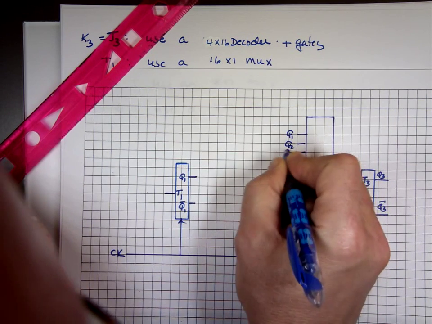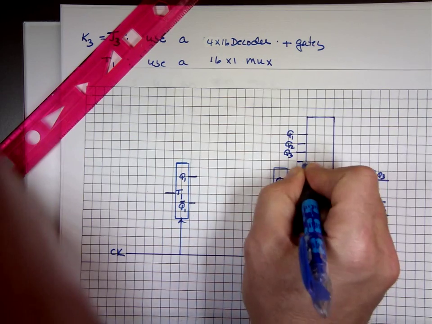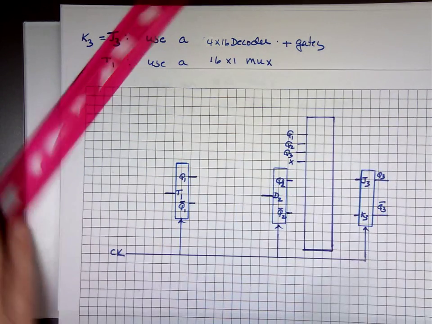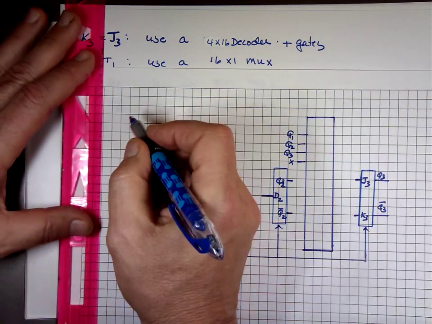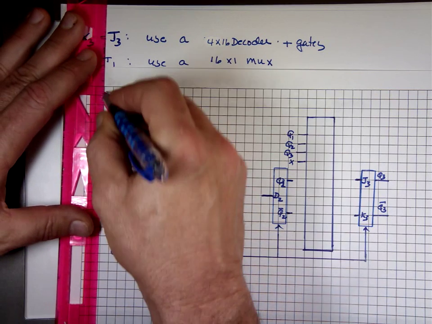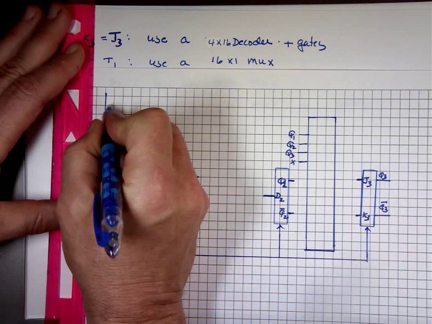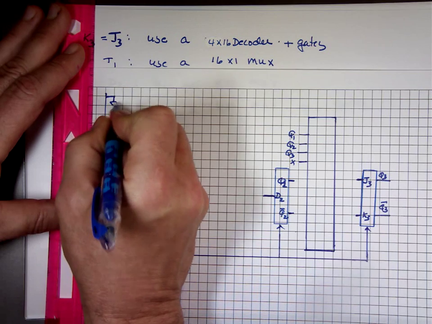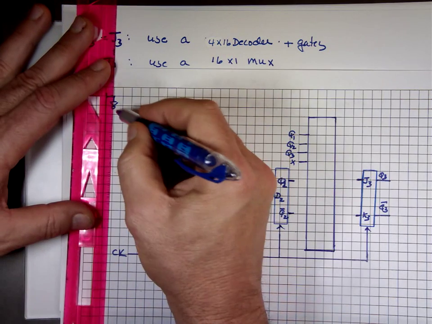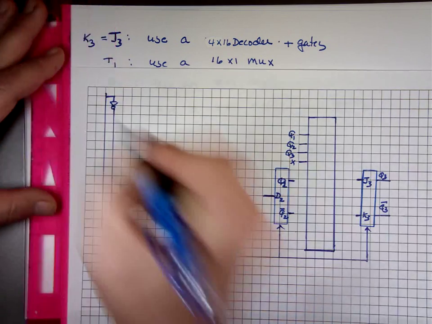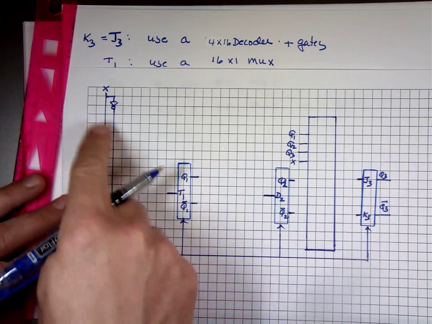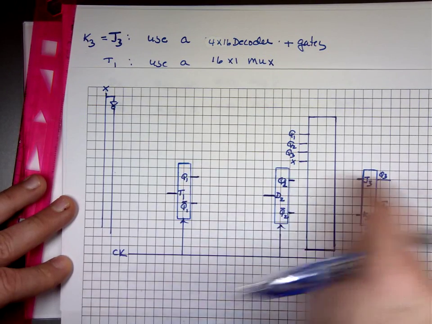You know what you're supposed to do. X is the external input. There's my external input right here. And this is the complement of that, so available. So this is X. So you're going to attach X, Q1, Q2, and Q3, all the way to that.